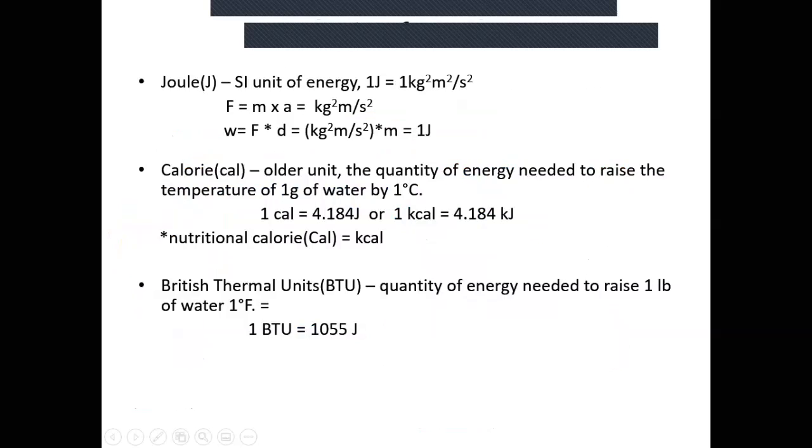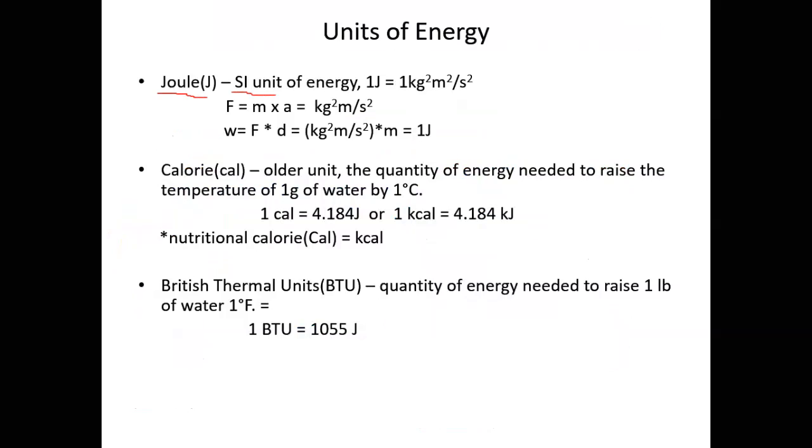So there are some different units of energy that we use in chemistry. One of the most common units we use is the joule, and it's the SI unit of energy. And the joule is derived from the force times the distance.